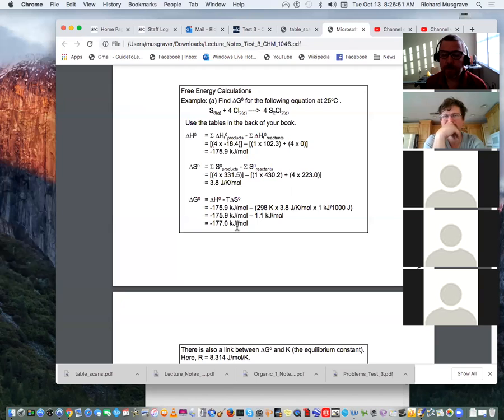I'm a bit confused. We get 298 for Kelvin, but we have 25 degrees at the start. So that's in Celsius, but the temperature has to be in Kelvin. Yeah, but wouldn't that be two significant figures? No, because let me show you.